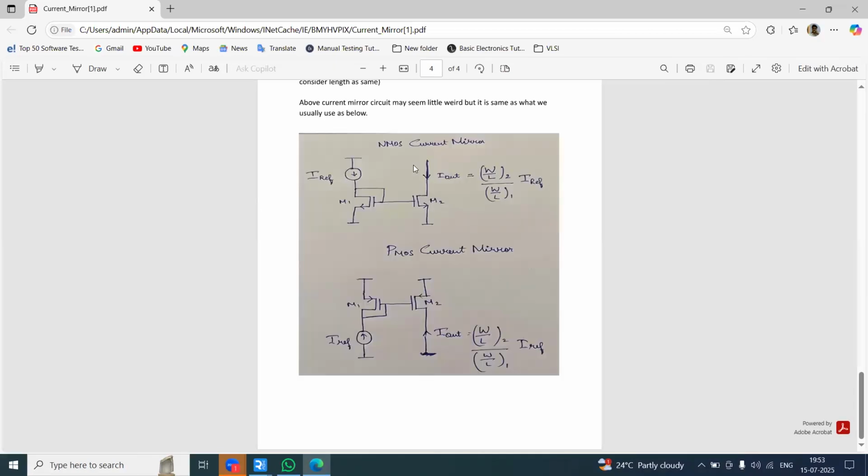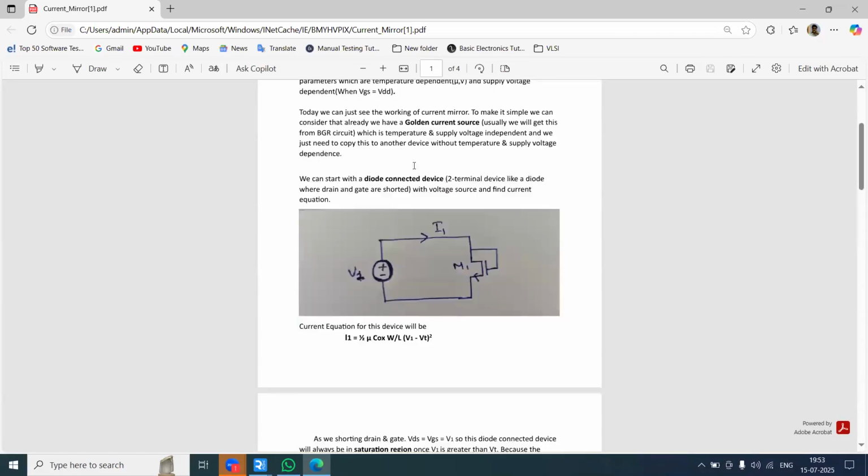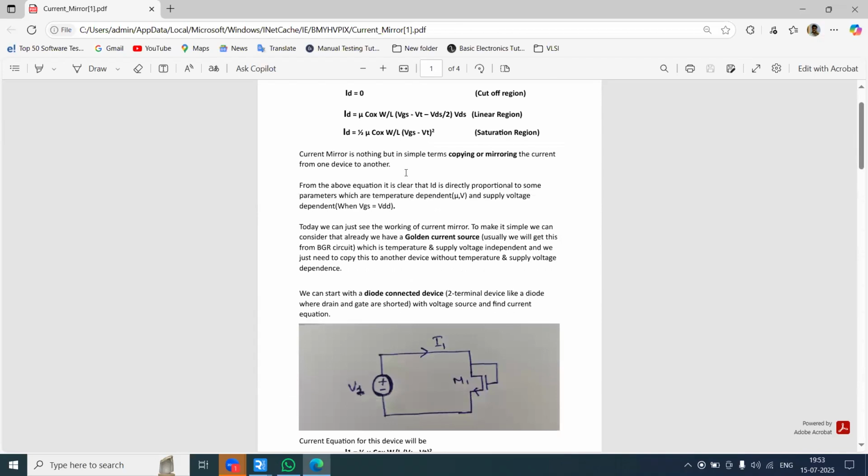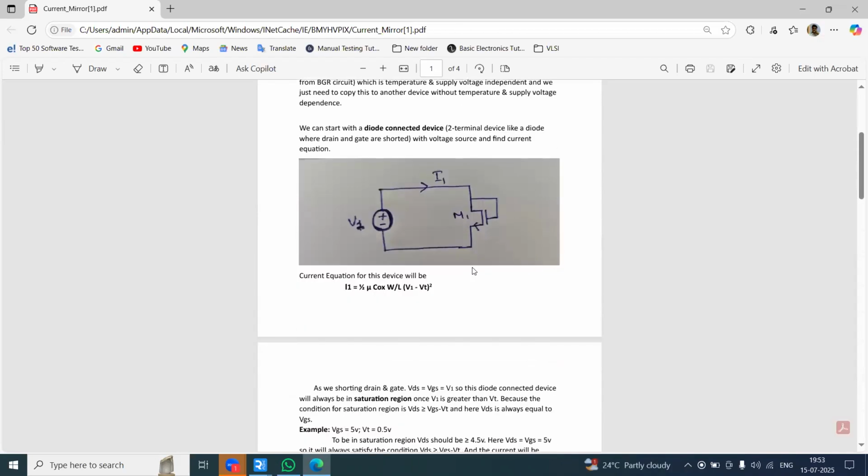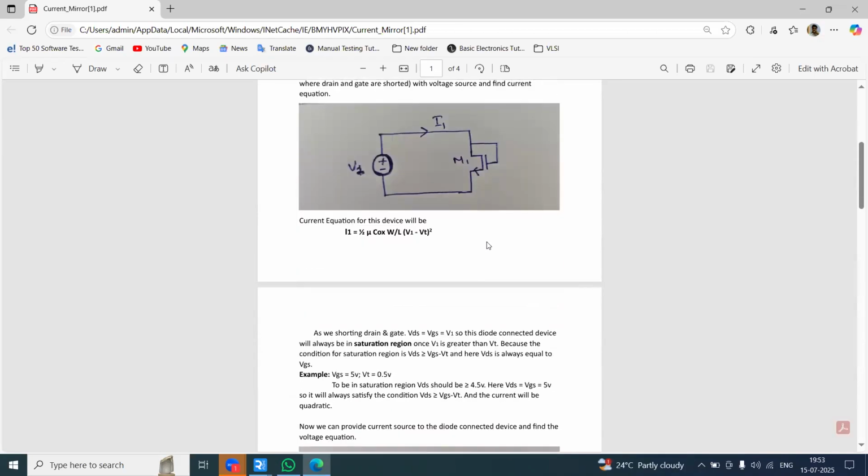Here we have shown the current mirror logic I shared with you. What is a current mirror? In the current mirror, gate and drain are connected, shorted together, forming one single terminal. As per the saturation current equation, normally the current is I equal to half mu n Cox W by L into (VGS minus VT) whole square.